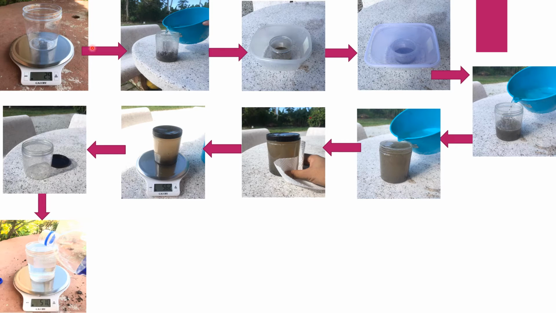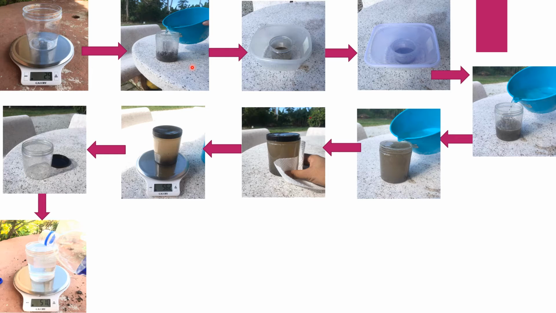This is the picture of the experiment that I did. For the first step, we need to clean and dry the plastic container. Then we weigh the empty container and mark it as W1.